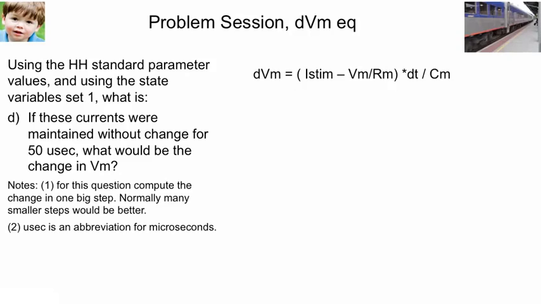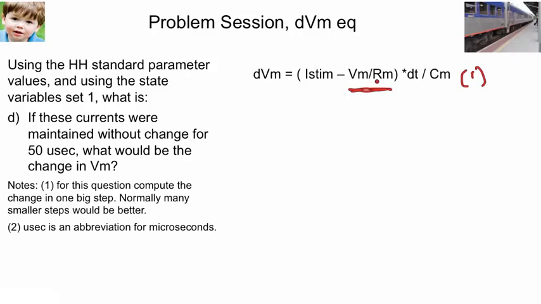In any event, what would the change in VM be? At this point, we don't actually have the right expression to use, so we'll have to make one for ourselves. What we do have is the expression used for passive tissue, which I've written here as equation number 1. The problem with equation number 1 is that we have this term Vm over Rm, and we have no value for Rm.